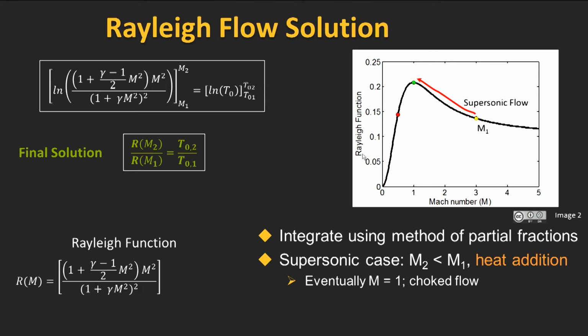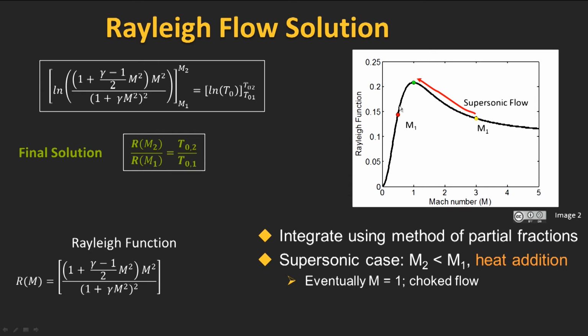Now let's examine what happens if we start out with subsonic flow, or in other words, M1 is on the subsonic branch indicated by the red dot here. Again, the same thing needs to hold true. When you have subsonic flow and you're adding heat, T naught 2 over T naught 1 is again going to be greater than 1 as per the earlier arguments, which means the value of the Rayleigh function R(M2) needs to be greater than R(M1) again.